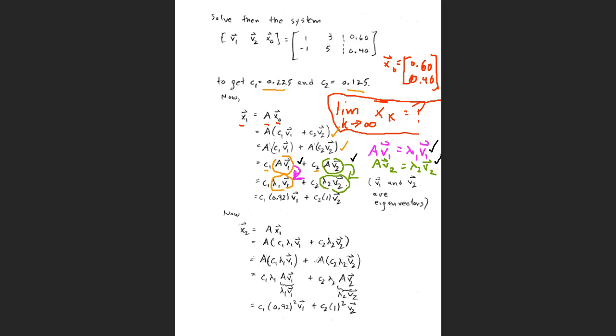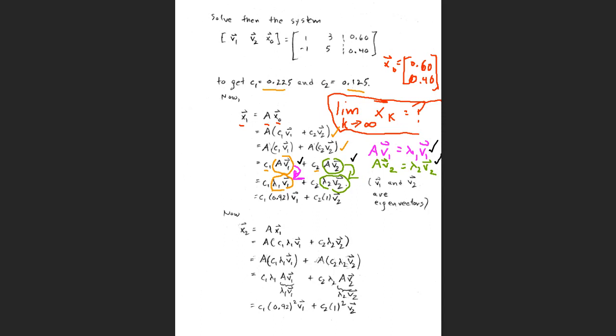Come on, think. What are V1 and V2? Those vectors, what kind of vectors are those?